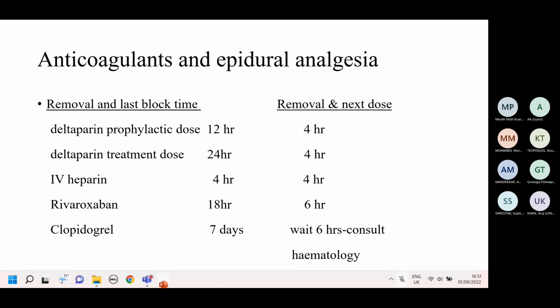The main issue in the ITU post-operative period is that the patient will be started on anticoagulants along with epidural analgesia.